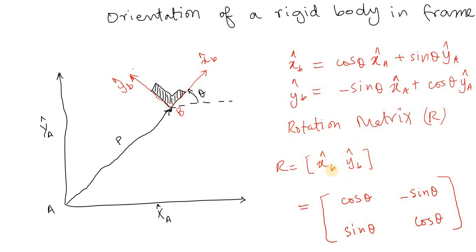So yeah, this is xb. When you put here xb, you get cosine and sine, and when you place here yb, you get minus sine and cosine theta.